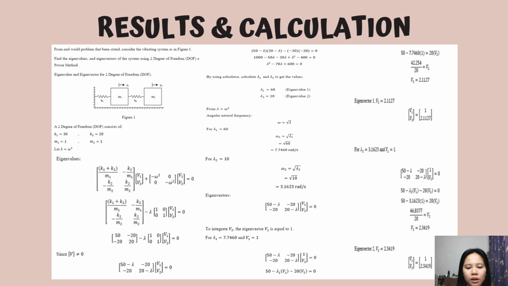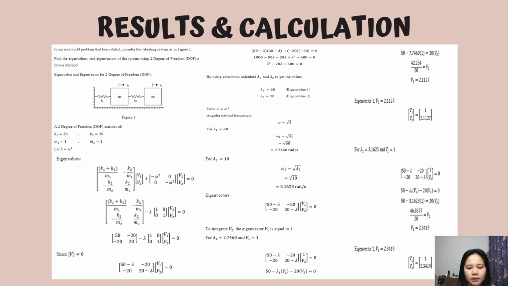Then expand the equation to get the values of lambda 1 and lambda 2. Just calculate and insert the values using a calculator. The value for lambda 1 is 60, and for lambda 2 it is 10.